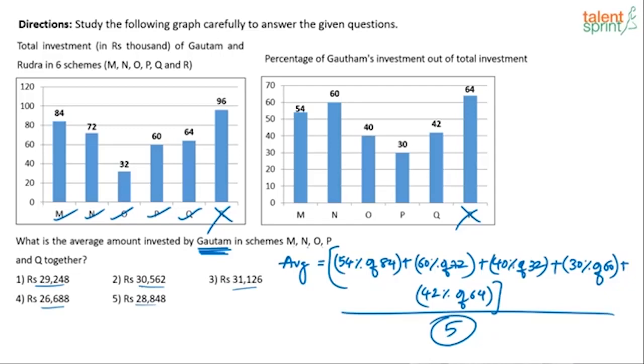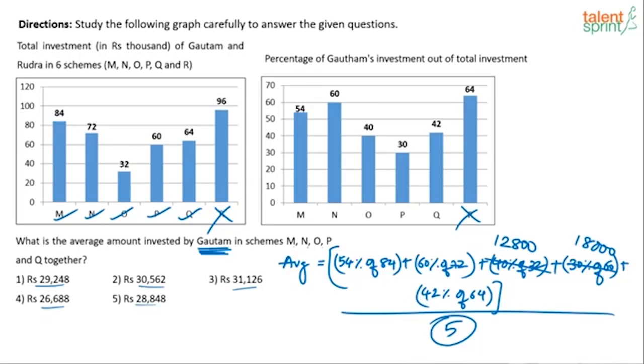Some are very easy, like 40% of 32,000. 40% of 32,000 is how much? 12,800. Right? 30% of 60,000 is 18,000. 42% of 64,000. 40% plus 2%. I think we have done this calculation, so if we can recall the value from the earlier question, it's easy.